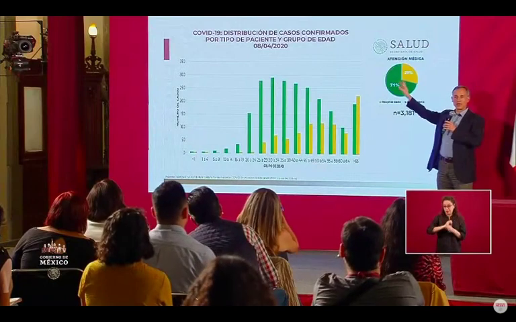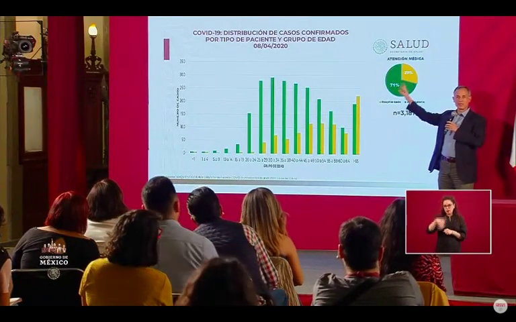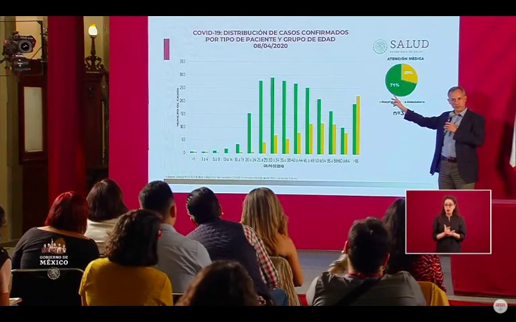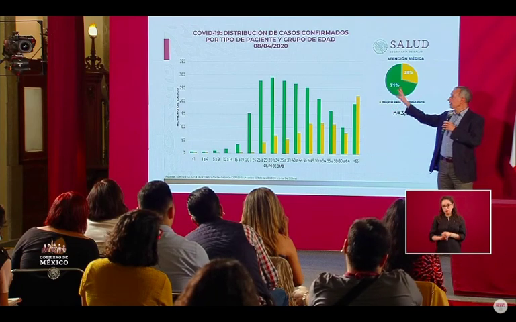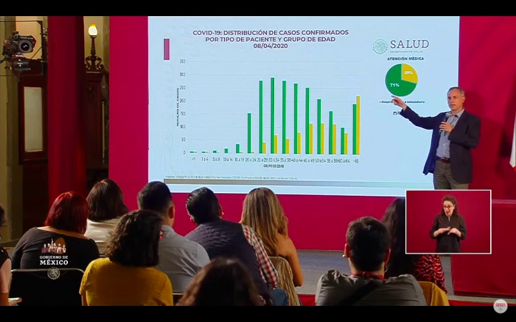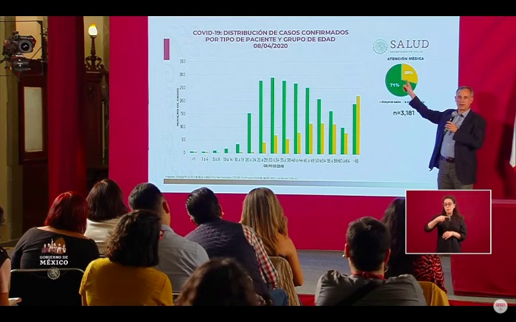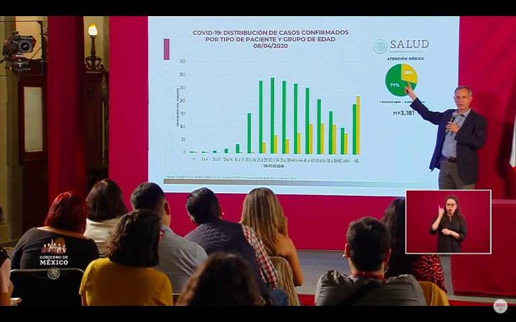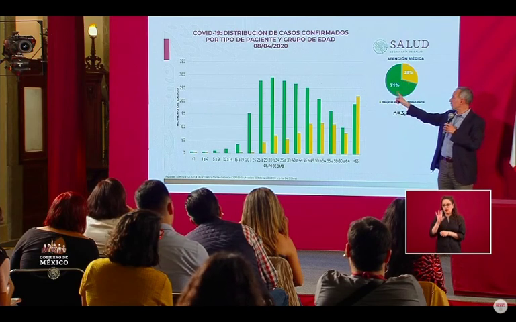Remember that before we entered phase 2, we had a fixed distribution of 20-80: 20% inpatients, 80% outpatients. Nowadays, we've been seeing some variation in this relation. Now we have almost a 70-30 distribution.